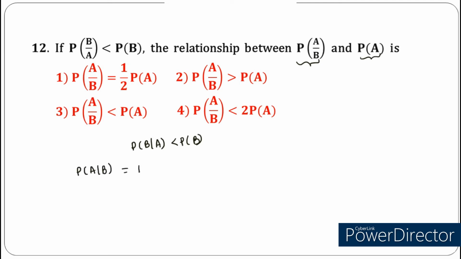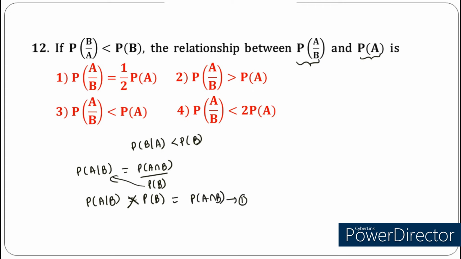We can write it as P of A intersection B divided by P of B. Right, now if you take this term here, what do you get? P of A bar B into P of B equals P of A intersection B. Right, I'll call this equation 1.